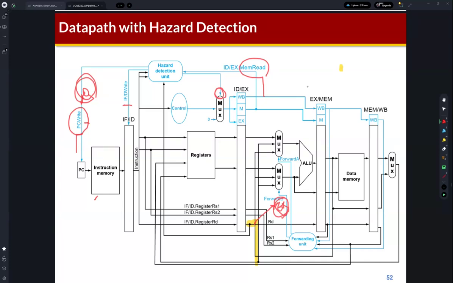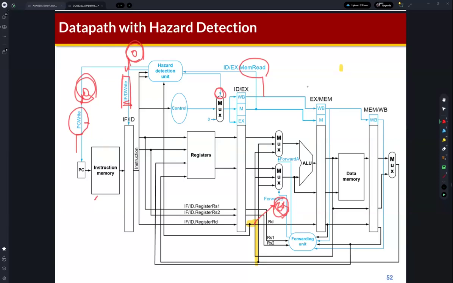And also, this hazard detection unit generates the pipeline register write update signal, the instruction fetch/ID pipeline register write signal. Normally this is 1, which means the pipeline register update is enabled. But when the hazard is detected, this signal becomes 0, right?